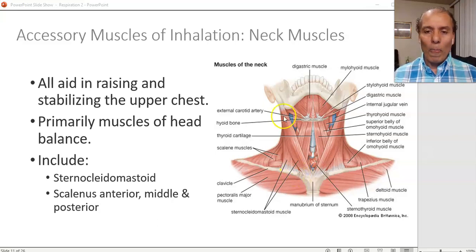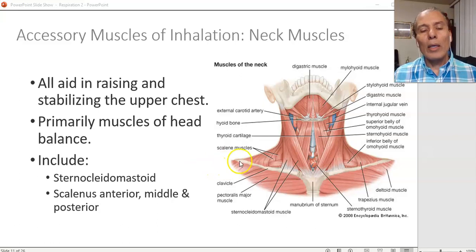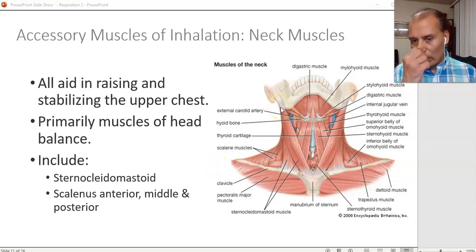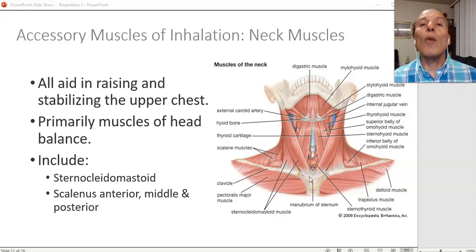So the mastoid is a bone, part of your temporal bone, that is behind your ear. That is the mastoid process, or mastoid bone. And this muscle connects on it. But there's also a connection on the clavicle and a connection on the sternum.